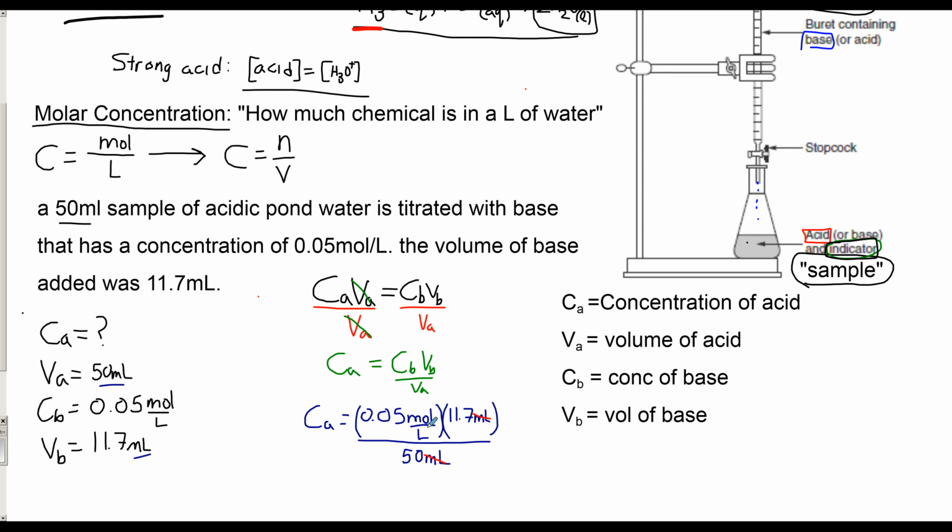So I've got my calculator, 0.05 multiplied by 11.7, and then divided by 50. And we get a value that is 0.0117, and since it is a concentration, it's in moles per liter.